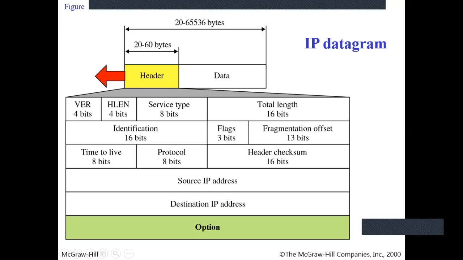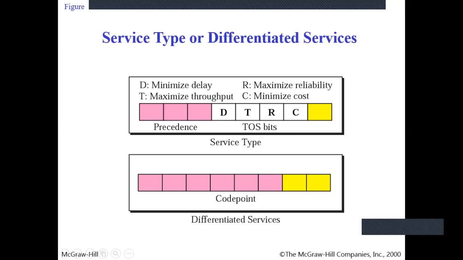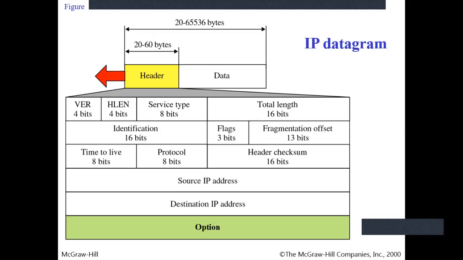Now, the second field is the header length field. Clear? The value of the header length depends upon the option field. In case of IPv4, the length of the header is calculated on the basis of 4-byte words.